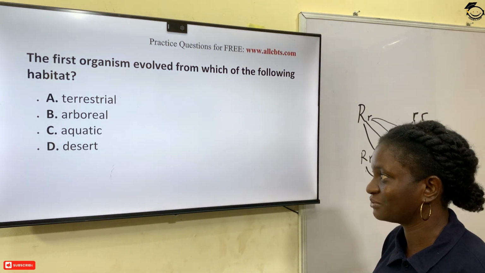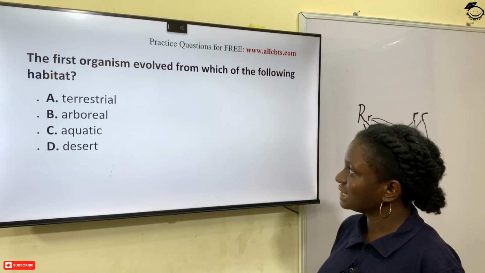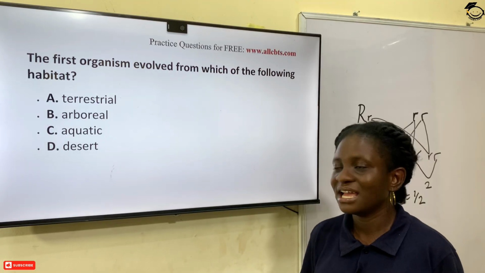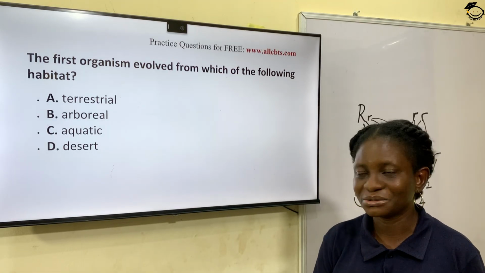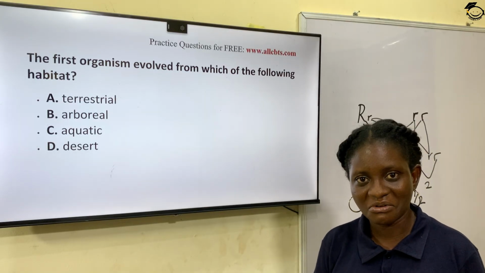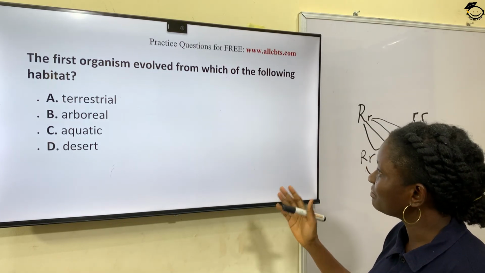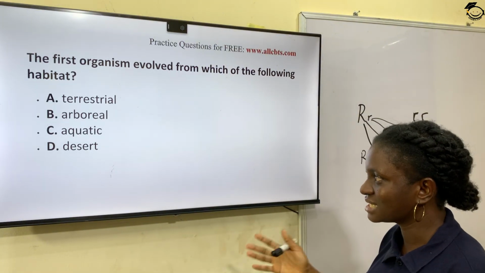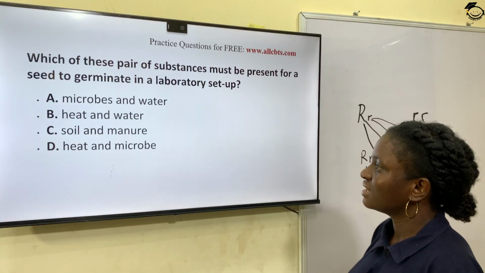That was what was reported. Because of the dissolved nutrients in the water and the CO2, life evolved from water. So that makes aquatic the correct answer to this question. C, aquatic, means water.